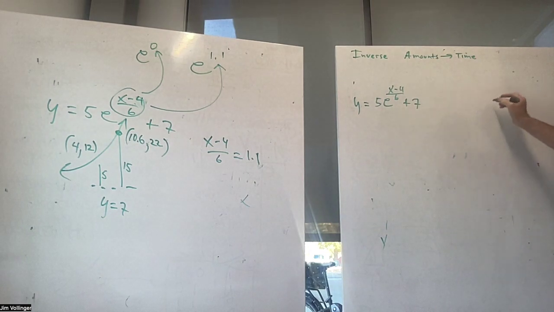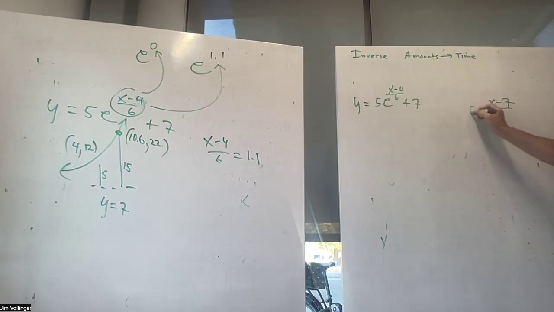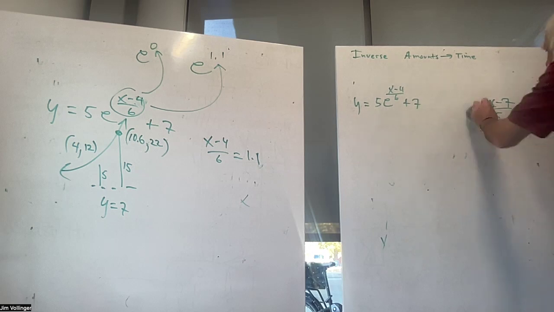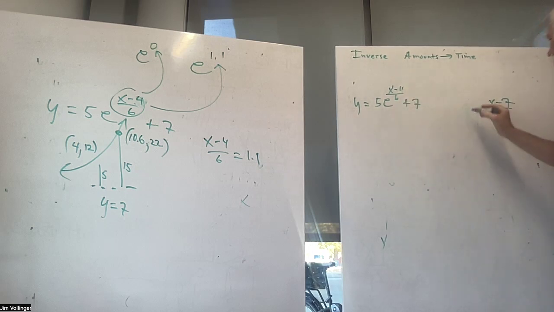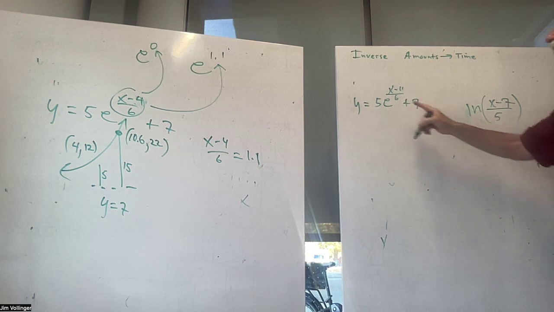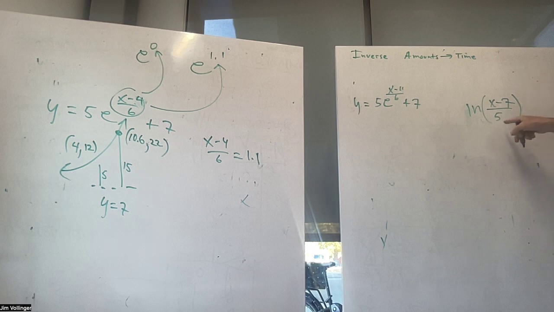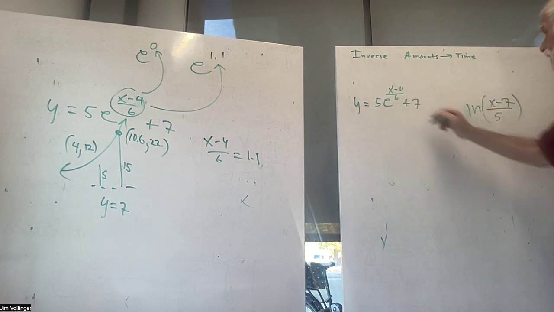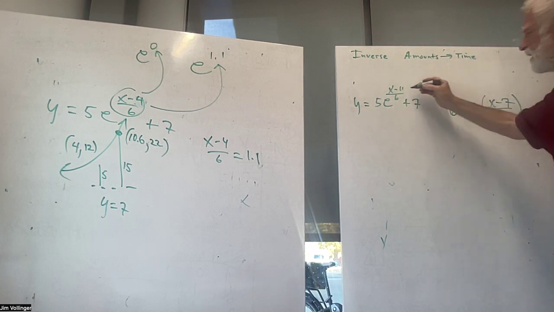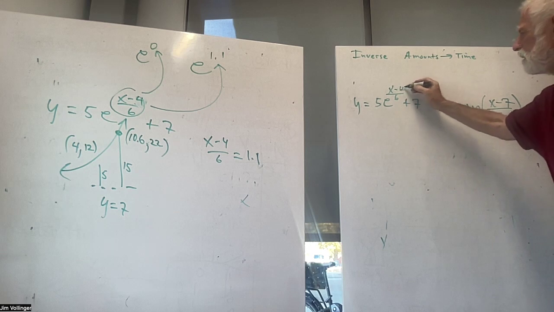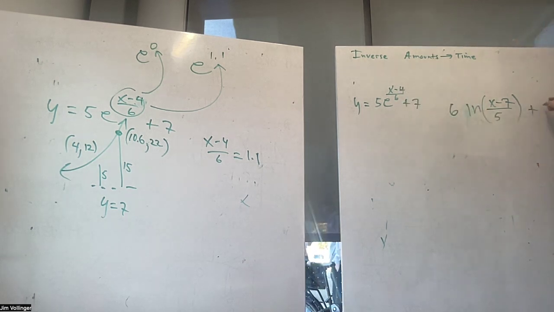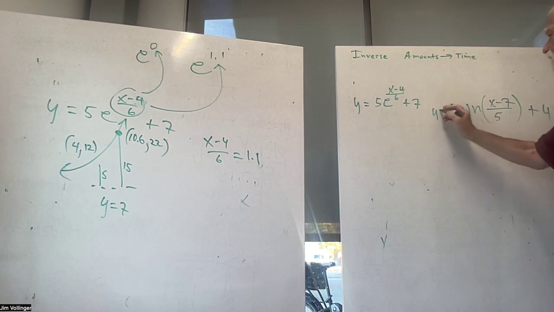So the inverse of that is x minus 7 divided by 5 times e to the becomes, excuse me, e to the becomes ln of, and then multiplication by, let's see, x minus 7 division by 6 becomes multiplication by 6, and was that a 4? Subtraction of 4 becomes addition of 4, and so this is my inverse.